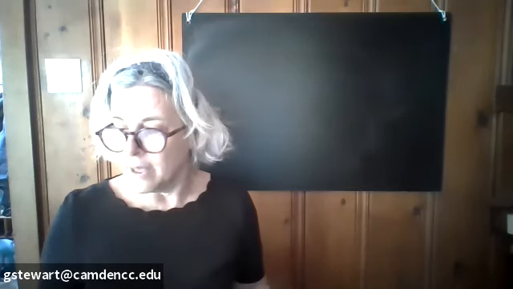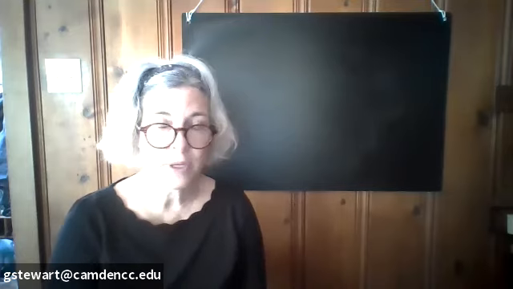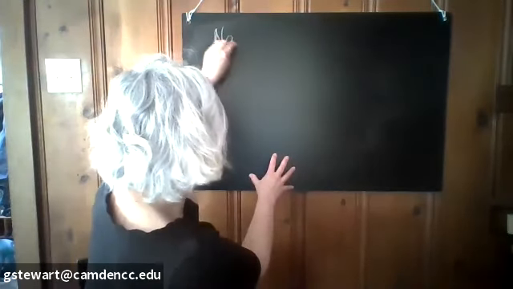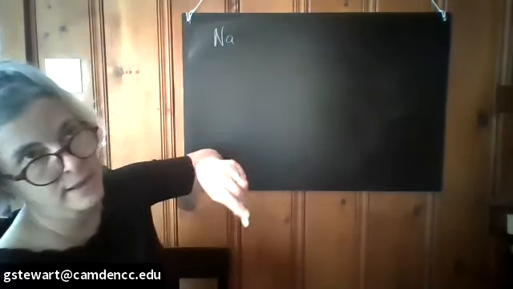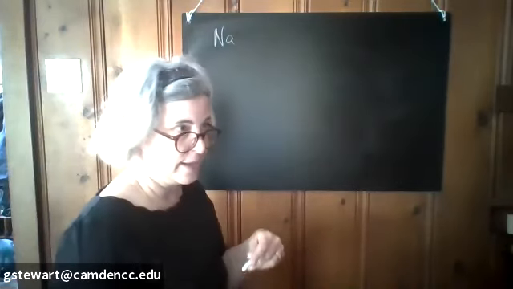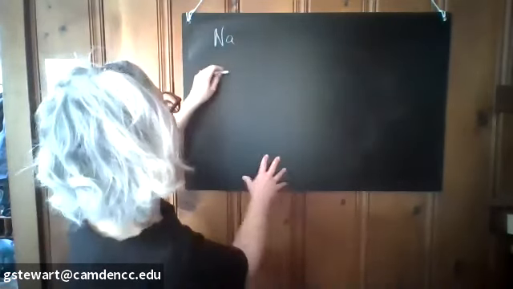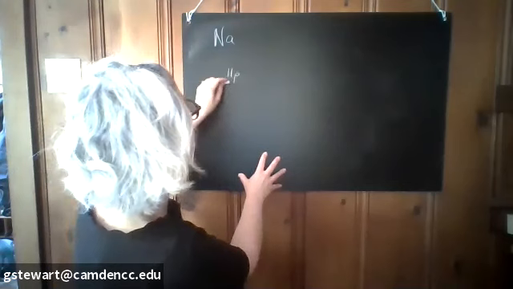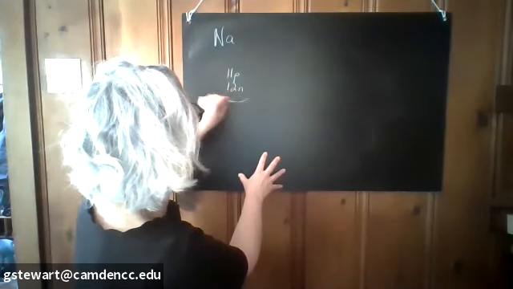Okay. The poster child example people always use for an ionic bond is sodium joining to chlorine to form salt. Sodium is an atom that has, I believe, 11 protons. It has 12 neutrons.